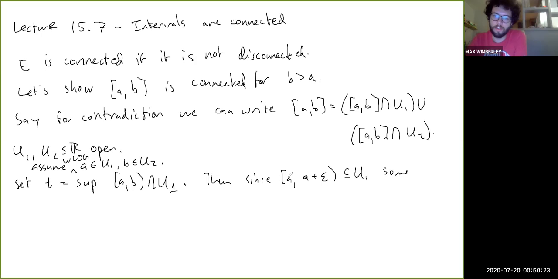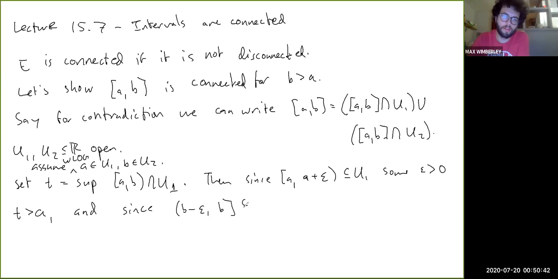So since some neighborhood of a has to be in U1, as a is interior to U1, for some epsilon greater than 0 we have T is greater than a, and since (b - epsilon, b] is a subset of U2 for some epsilon greater than 0, we have T is less than b strictly.